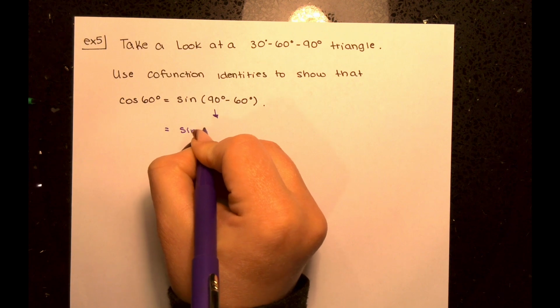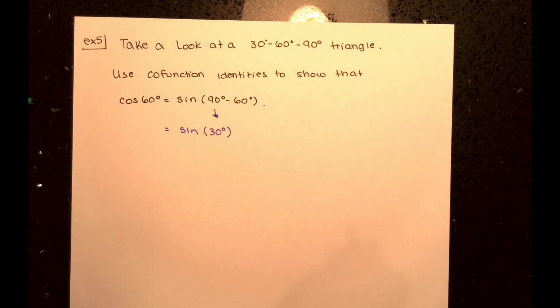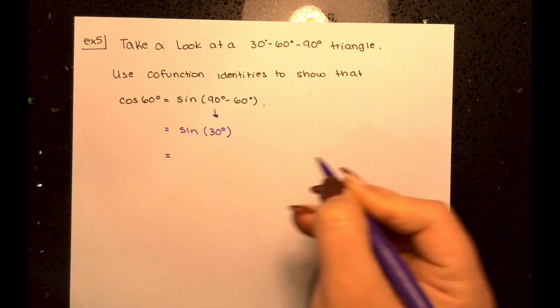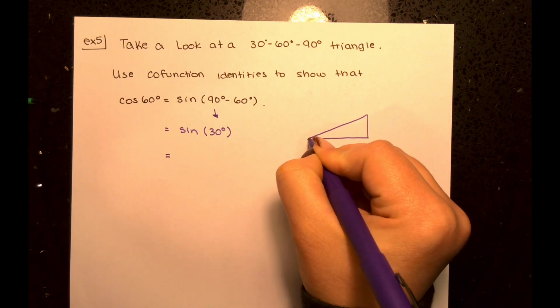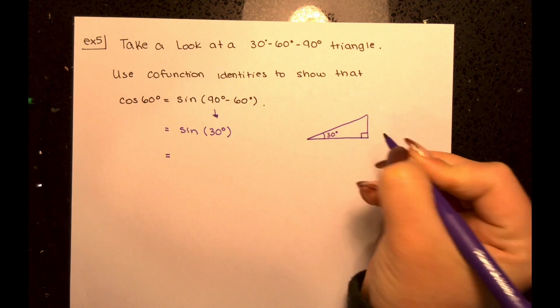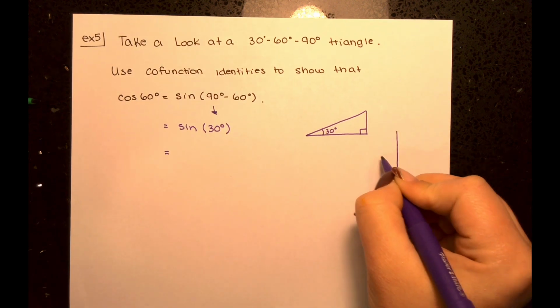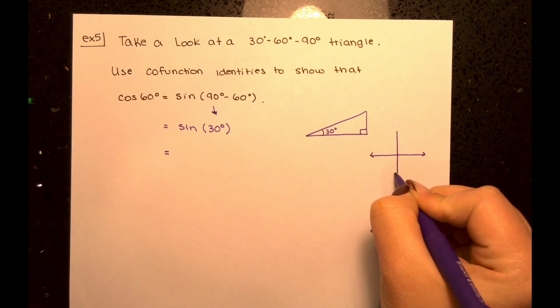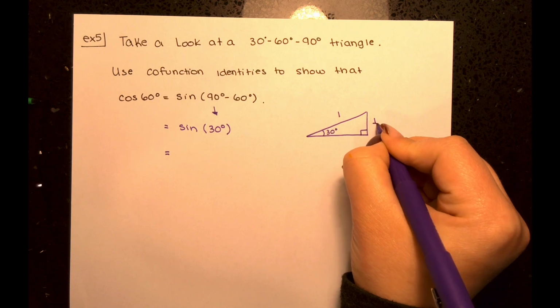Okay, sine of 90 minus 60. Well, sine of 90 minus 60 is just 30 degrees. We're literally subtracting the degrees. Then we're looking at the 30, 60, 90 triangle. You can also think about the unit circle if you need help remembering. So here is 1/2.